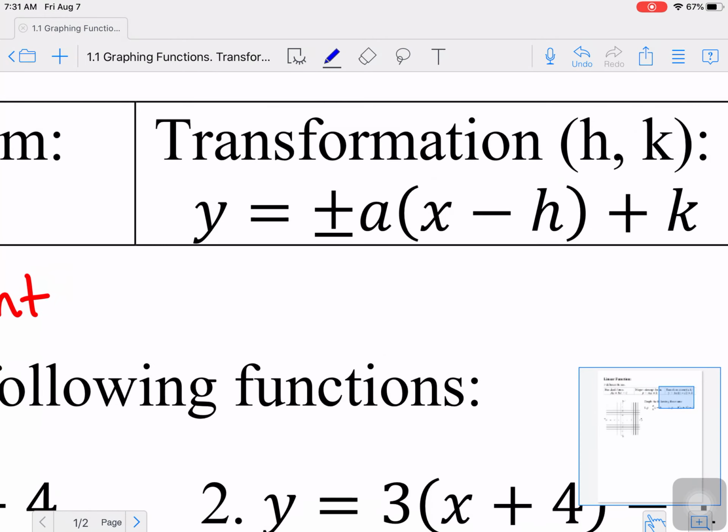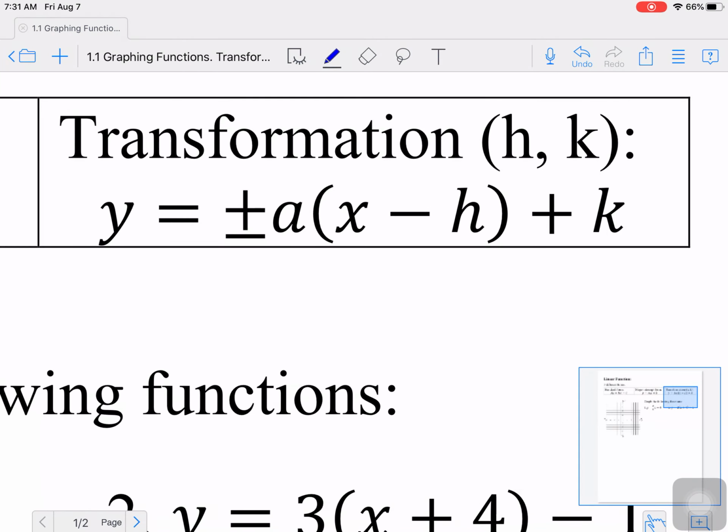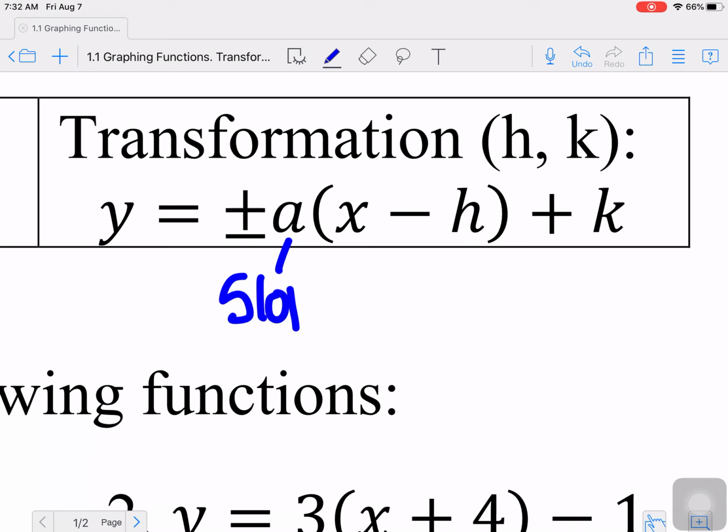The next one, or the last one, is the transformation or the HK form. It looks very complex, but it's actually not. Super easy to use, and we also really like this one. You're actually going to be working with transformation form throughout the whole year. So a, for a linear function, is also your slope, like m in y equals mx plus b.